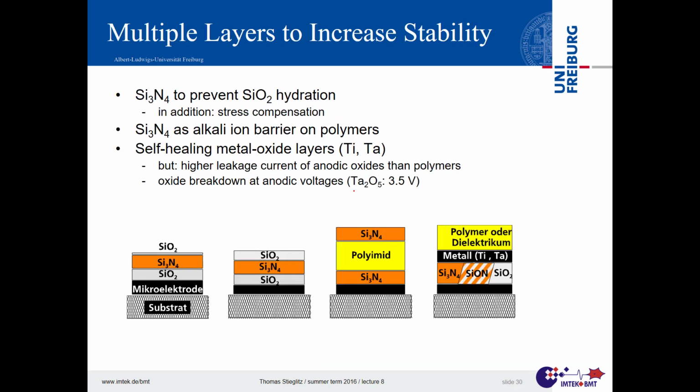One trick is to use multi-layers. One trick is, the thicker a material is, the longer it takes before it gets eaten up. That's one of the issues, and the thicker it is, the longer it takes for a molecule of water to diffuse through. But in many cases, we take those combinations of materials to get at the interfaces certain distortions of the energy bands.